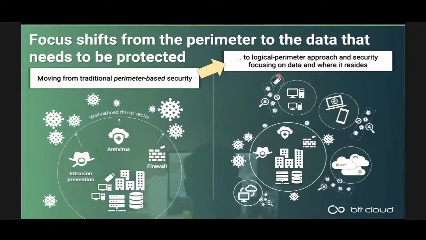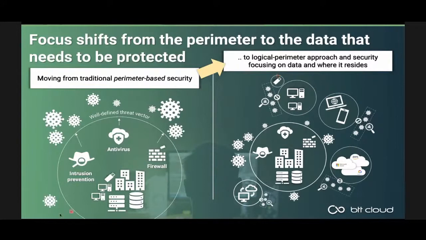Where it leads, basically the mindset of IT engineers and security specialists now shifts from the perimeter itself to data, where data resides, where it is located, and what risks are specifically for that data and that location.